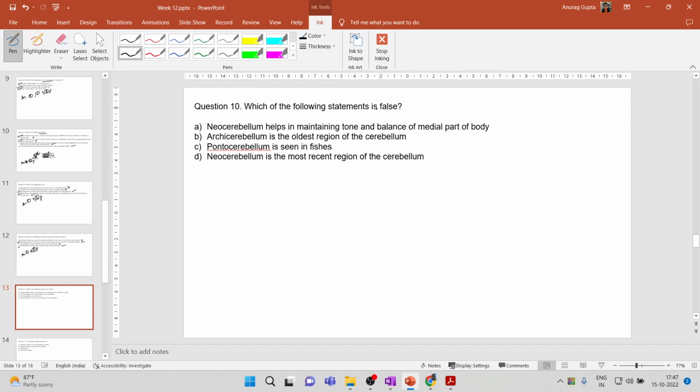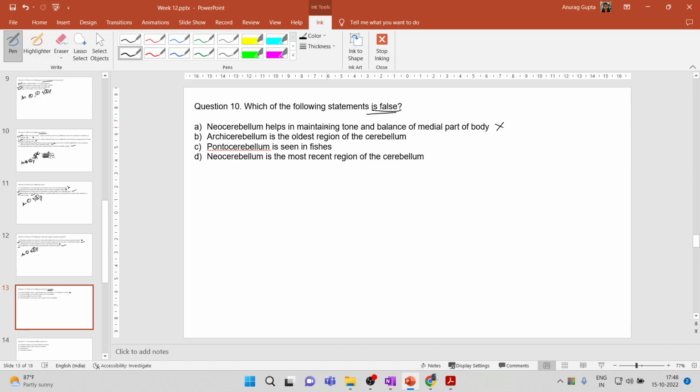Which of the following statements is false? Neocerebellum helps in maintaining tone and balance of the medial part of the body. This is false. Neocerebellum is also known as cerebrocerebellum. It's called neocerebellum because it evolved late. Its development is seen in humans and great apes.